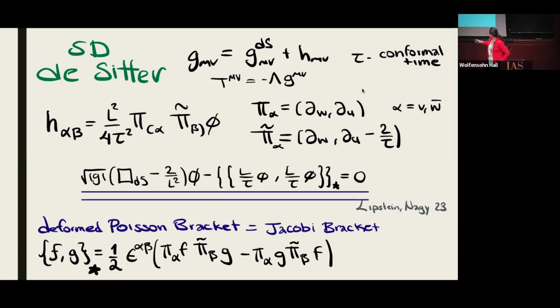But they're defined now with a new bracket that we can call a deformed Poisson bracket or a Jacobi bracket, which still satisfies Jacobi identities, but has a deformed Leibniz rule. So this will give you a new kinematic algebra and different structure constants that now are deformed by this tau.